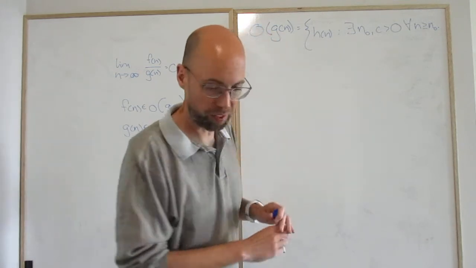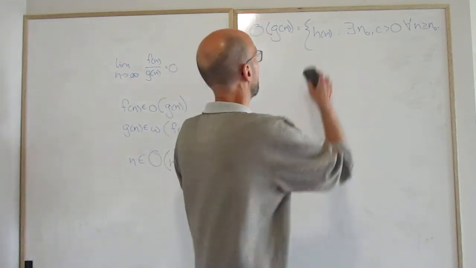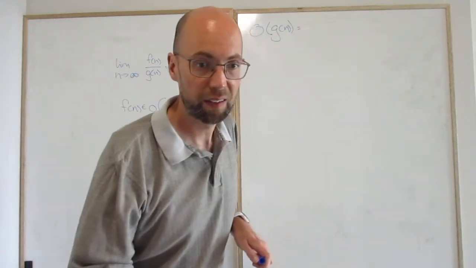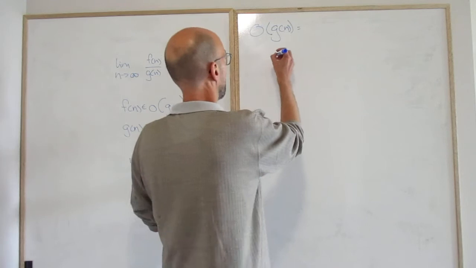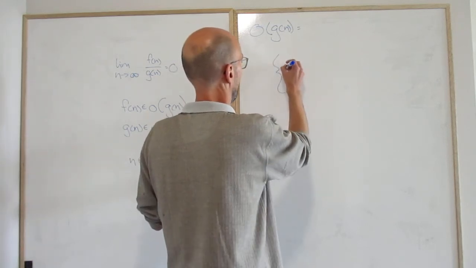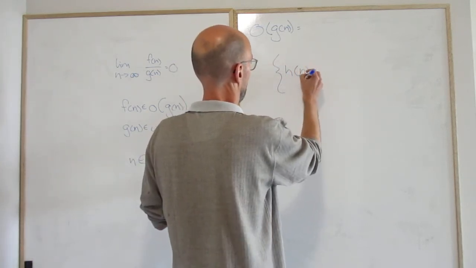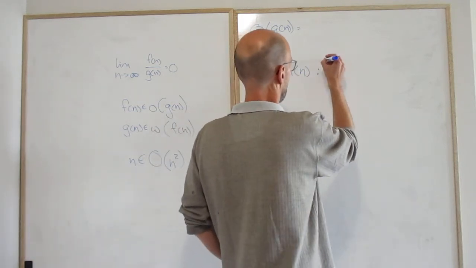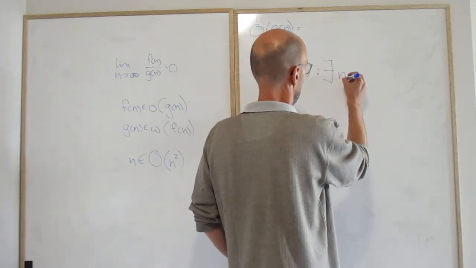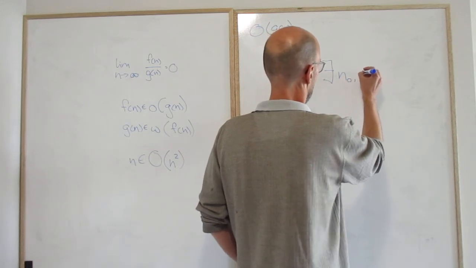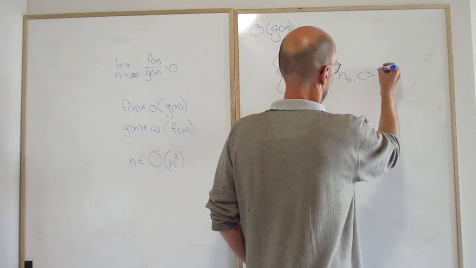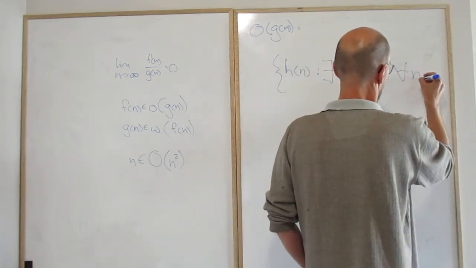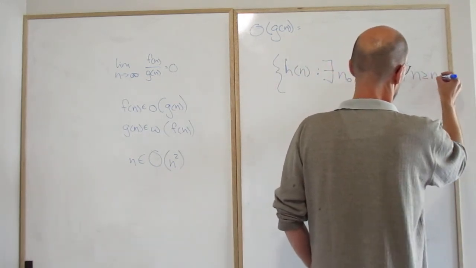Okay, so let's make it bigger. h of n, not n of n. There exists an n0 and c greater than 0, such that for all n greater than or equal to n0.